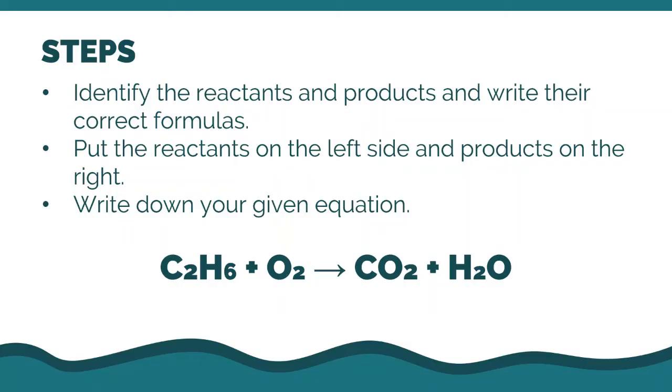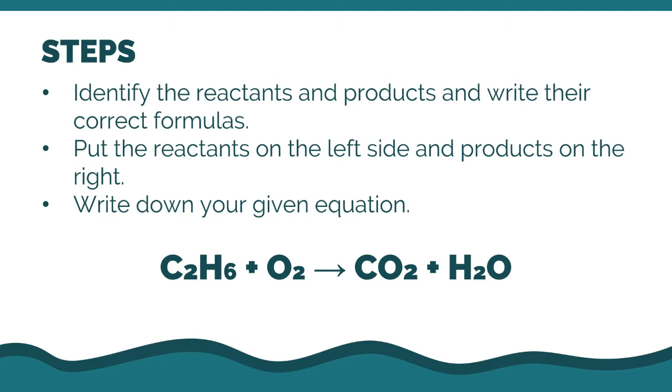Here are some of the steps on how we balance a chemical equation. For the first one, we need to identify the reactants and products and write their respective chemical formulas. Second, put the reactants on the left side and products on the right side of the equation. Third, write down your given equation.